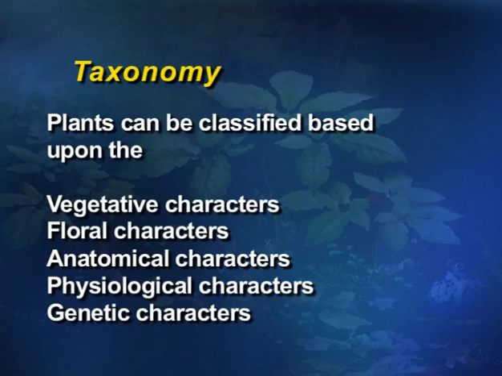These are physiological, and genetical characters, how many chromosomes are present, how many genes are present. So, these are the unique characters, and based upon these identification can be made, and the whole study is called taxonomy.